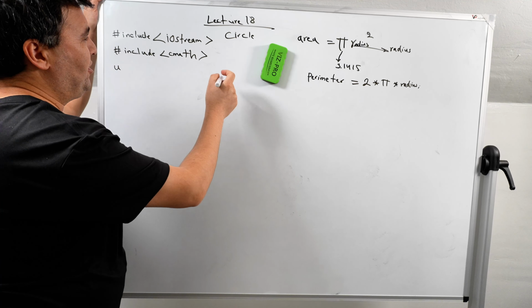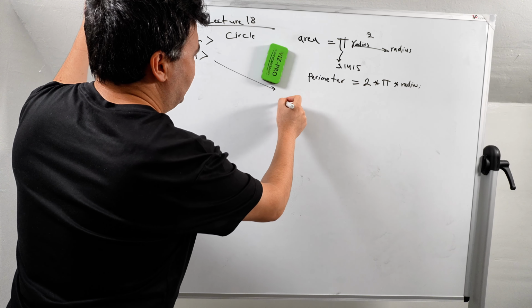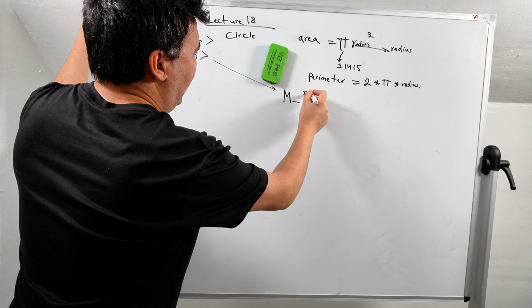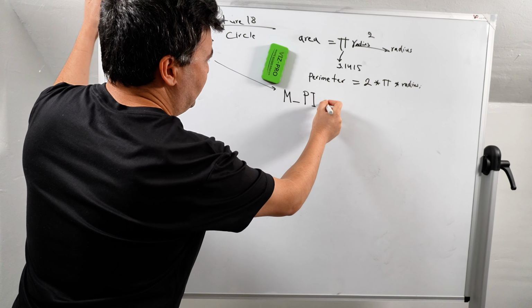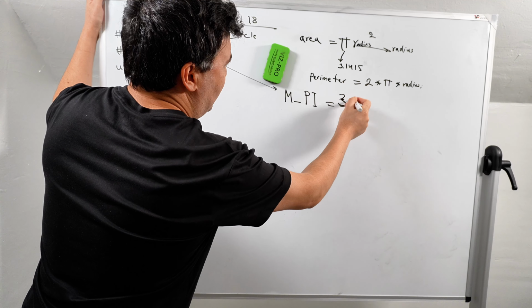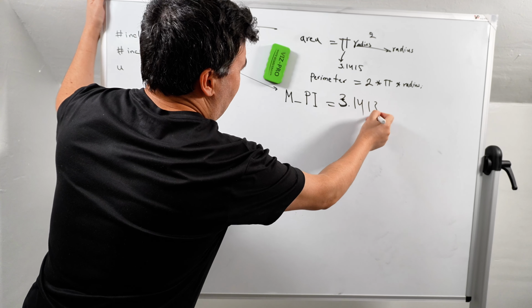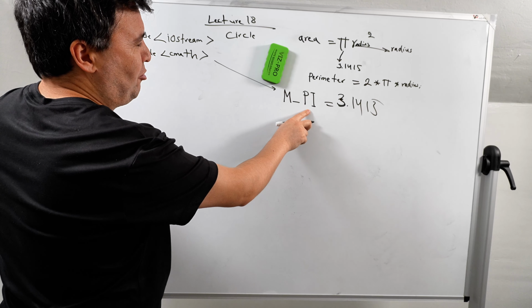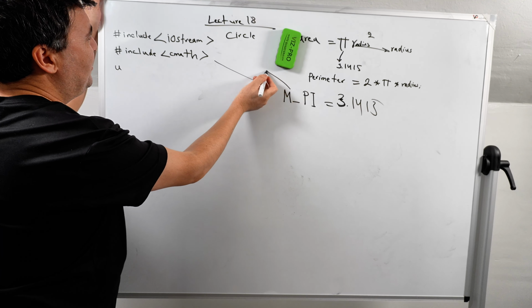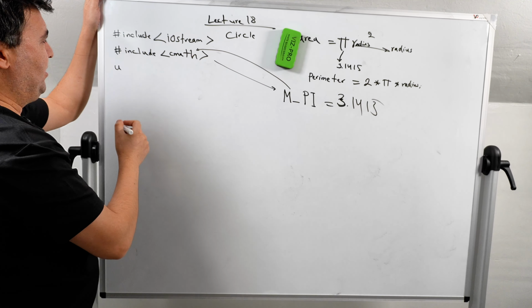Because we have a constant in C++, which is M underscore PI, and the value of this constant in C++ is 3.1415. When you write M underscore PI, this constant is defined inside the cmath library.